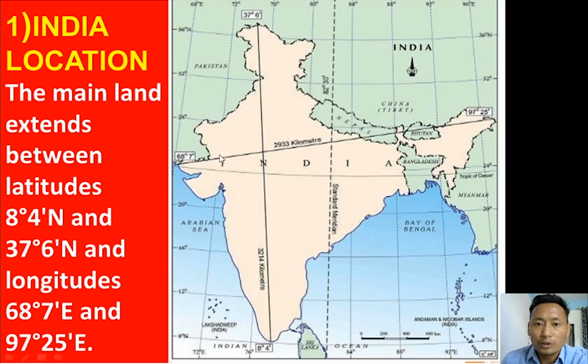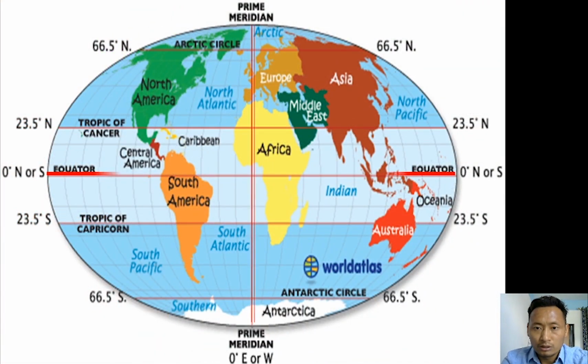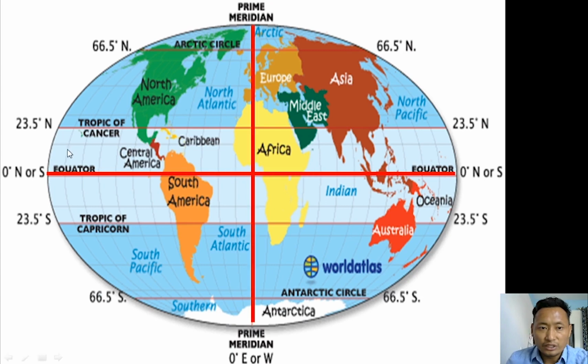So geographically, we can show the location of a particular country with the help of the geographic coordinate system, latitudes and longitudes. This is the location of India in terms of latitudinal and longitudinal extent. This is the equator, this is the prime meridian, and here we have India in this blue line.